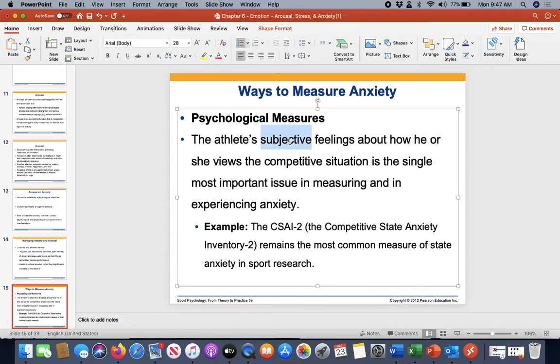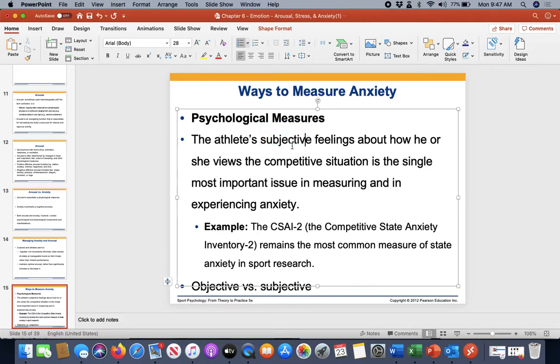Remember, there's two terms, objective versus subjective. Objective means that it's observable. You're actually seeing it. Subjective means that it's coming from the person who you are observing. So the athlete's subjective state means it's from how the athlete feels, not about what you observe of that athlete.